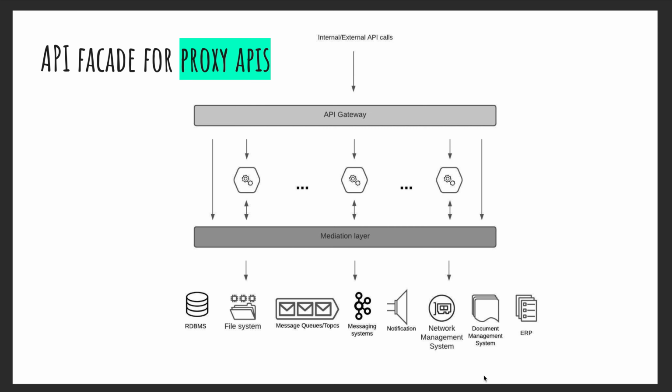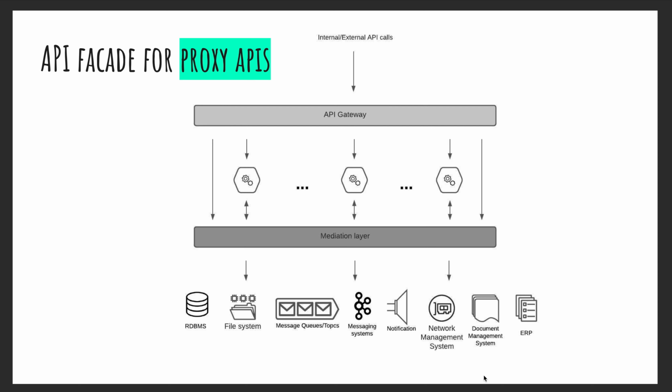The API facade layer, as mentioned previously, is usually realized as a gateway. So the gateway sits in front of the mediation layer. The same flow as I described for service level APIs applies to mediation proxy APIs as well. The applications will call the facade API that the API gateway fronts, and the API gateway will forward that API request to the mediation layer.